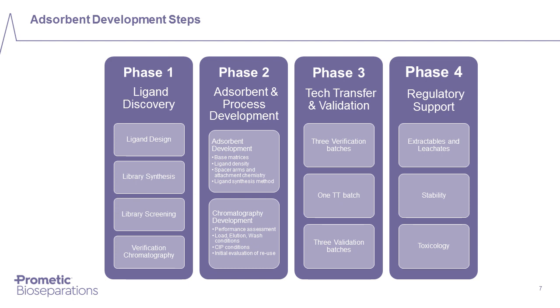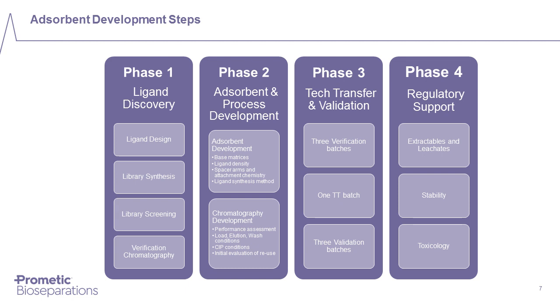So in phase 1, when we do ligand discovery, we can have different activities such as ligand design, the library synthesis, of course, and library screening, which then, once you identify a ligand that you are interested in, we have a verification chromatography step. If you want, we can do that in-house as part of the development process, but one possibility is for the client to use what we call the MMM plates.